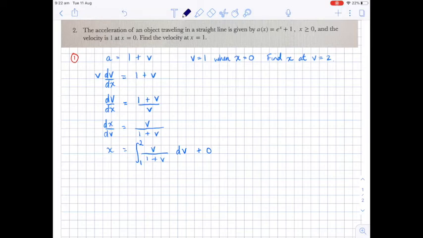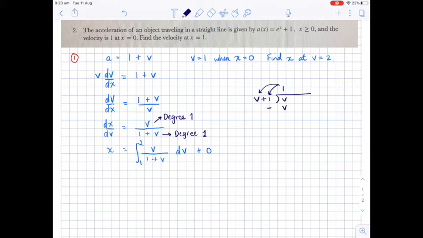The way I do it is I can use partial fractions, or I can just do a long division. The way I recognise that is the top line has degree 1, and the bottom line also has degree 1. If the top line is of equal or greater degree than the bottom line, then we can always do division before anti-differentiating. So I'm going to do this with long division. I want to do v divided by v plus 1, which goes in there one time, and then I multiply it.